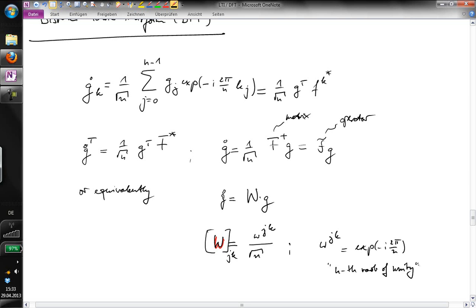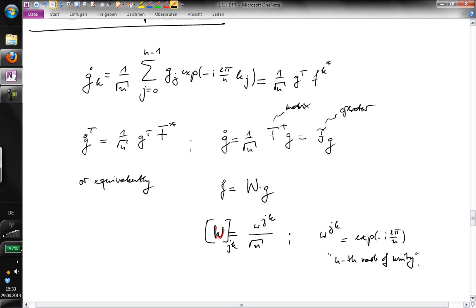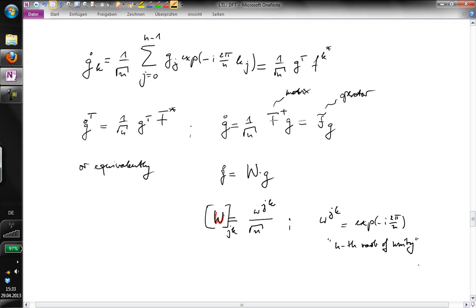It's completely equivalent, just a different way of writing the same thing. I will mostly use this notation later on.